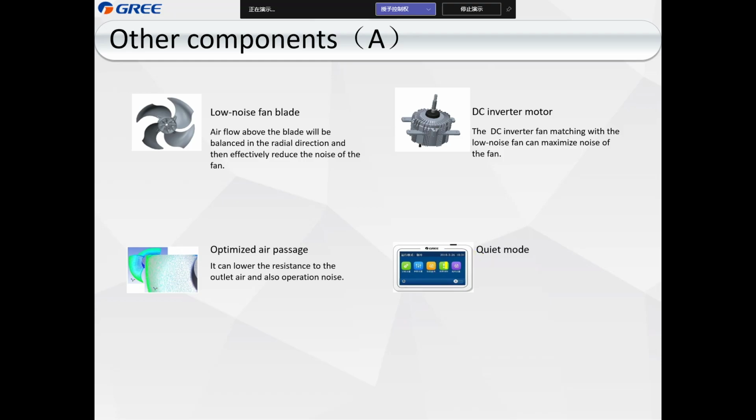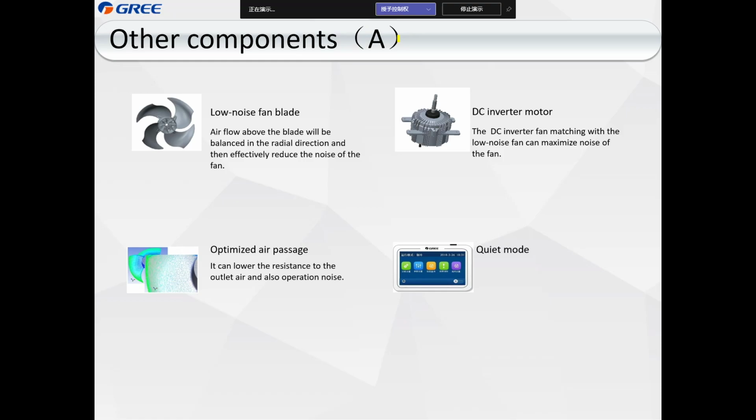This controller is a touch screen, and we have the quiet mode. We can set the quiet mode. All this equipment is for the A series, DC. For the A series, not only the compressor is DC, but also the fan motor is a DC inverter fan motor. So the efficiency is very, very high.